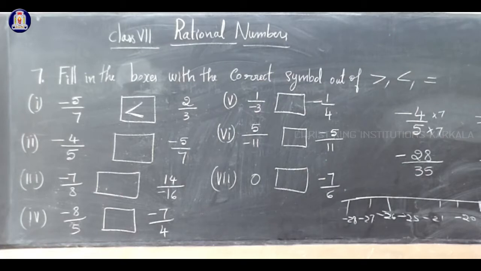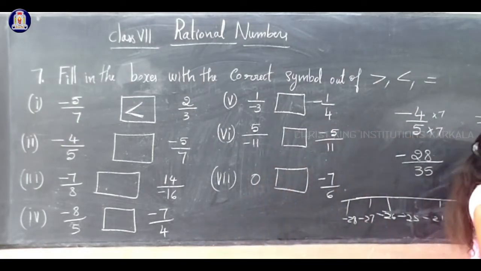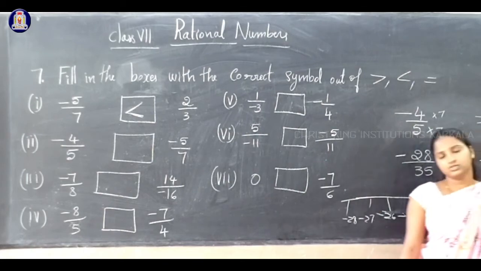Minus 25 is greater than minus 28. But in the positive, what happens? If you get the positive sign, plus 25 and plus 28, which is greater? You know that 28 is greater. But in the negative, minus 25 is greater than minus 28.